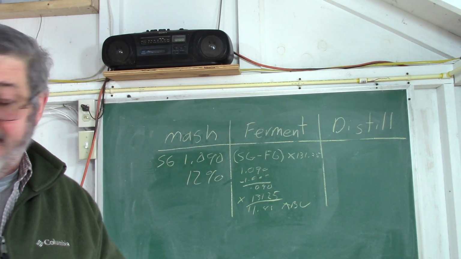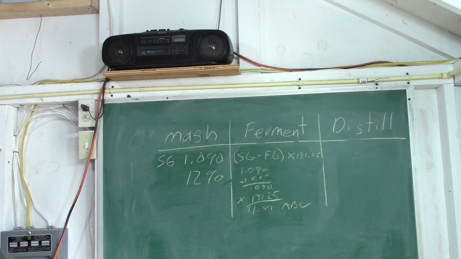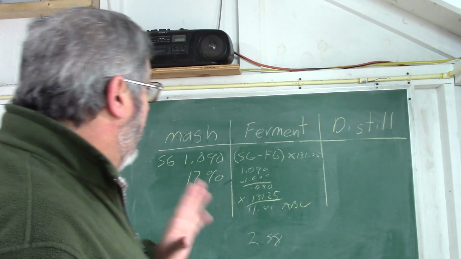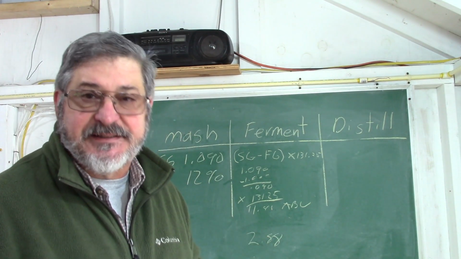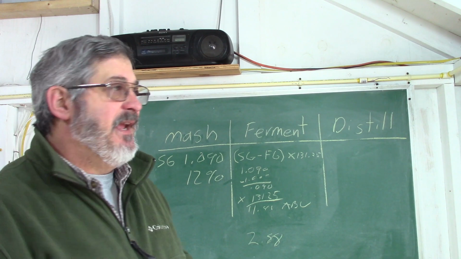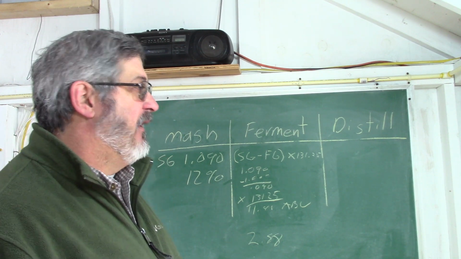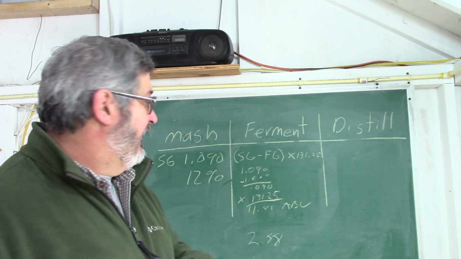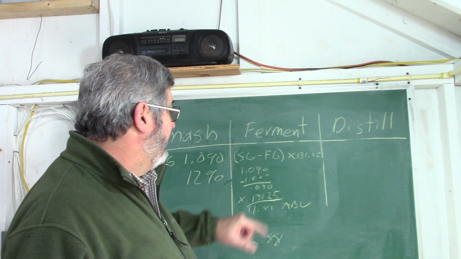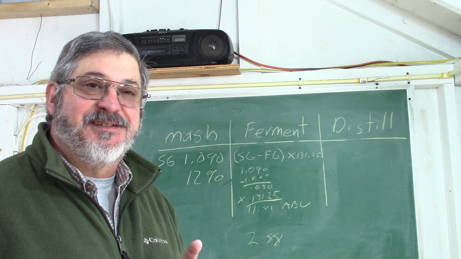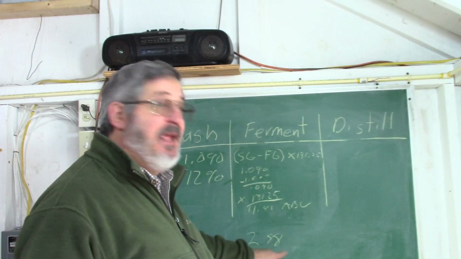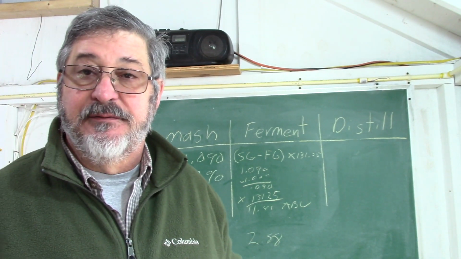So now the next data point you can use is, okay, so usually I make 6-gallon batches, and I asked Siri on my phone, what is 12% of 6 gallons in quarts? And she told me that it was 2.88 quarts.